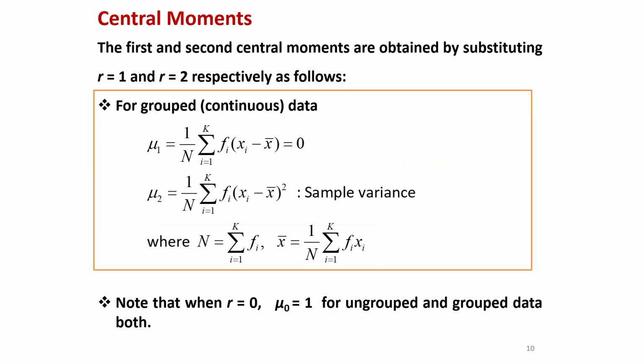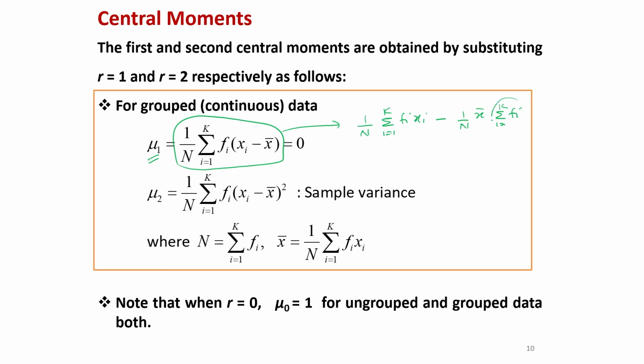And the same thing happens in the case of group data also, that the value of mu 1 is 1 upon n summation i goes from 1 to k fi xi minus x bar, and if you try to solve it, this becomes 1 upon n summation i goes from 1 to k fi xi minus 1 upon n, x bar into summation i goes from 1 to k fi, right.